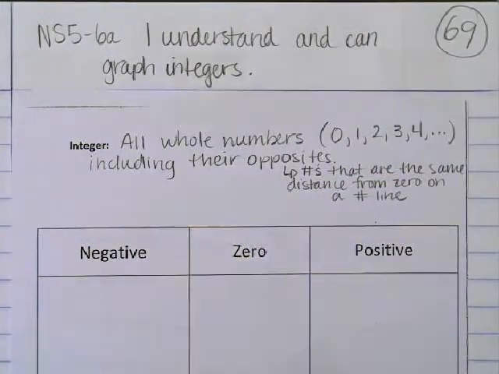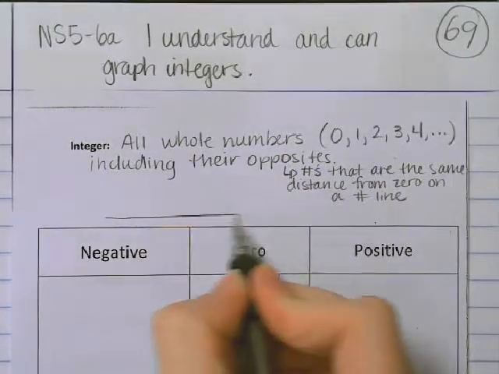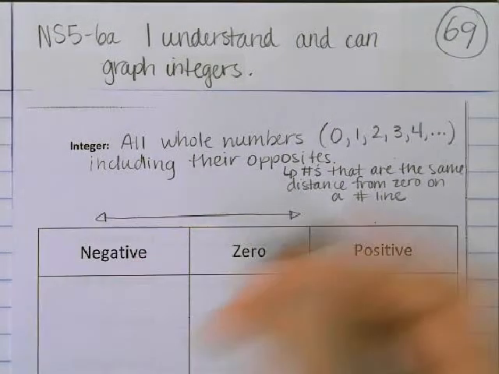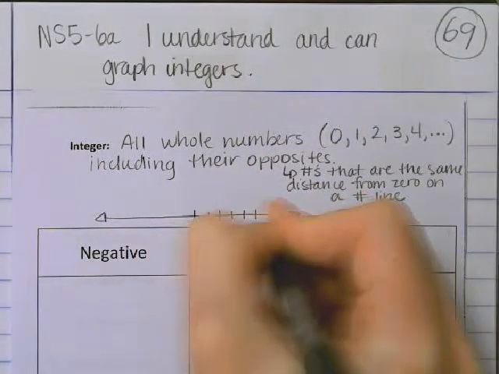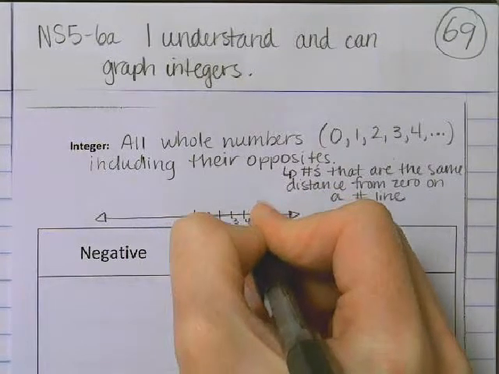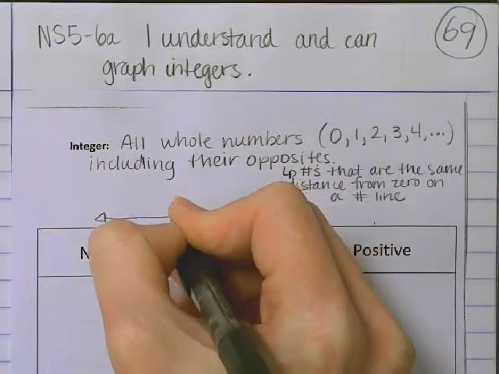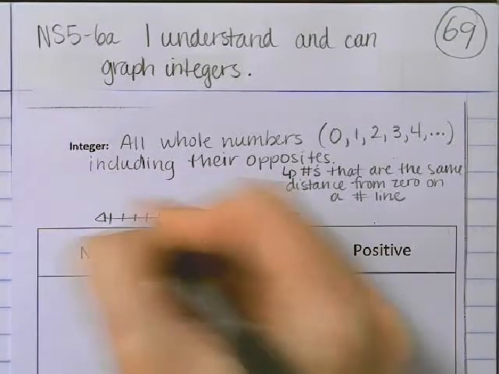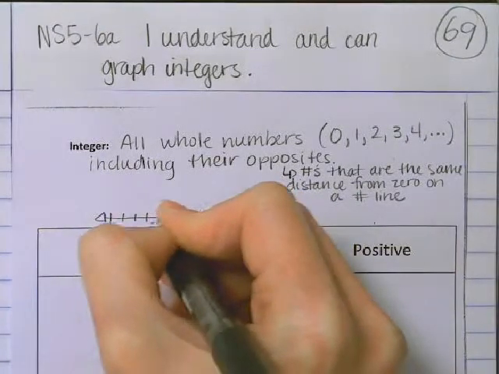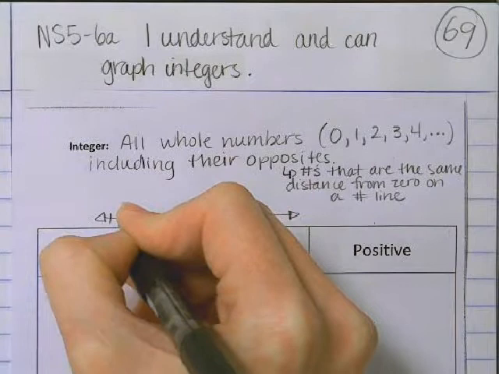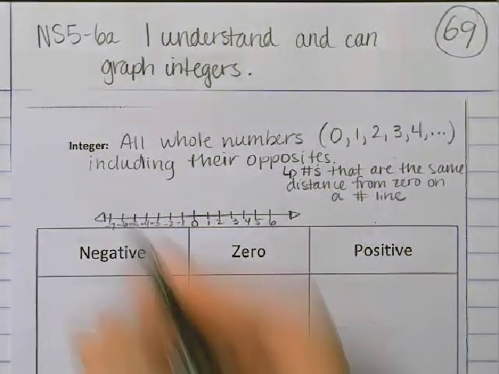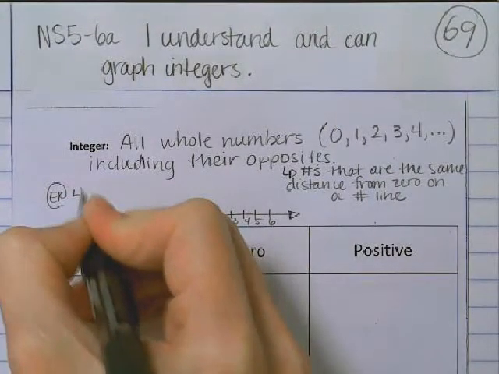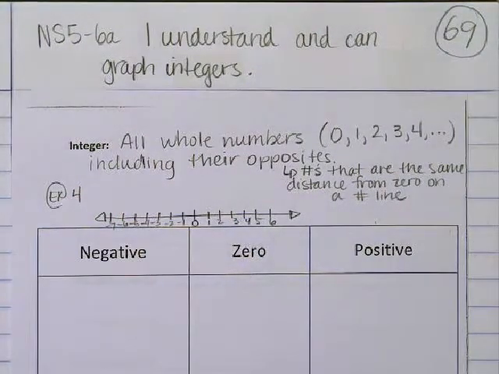So if I were going to give an example of that, I would use a number line to help me. And I'm going to have my scale count by ones. So if I had the integer 4, and this 4 could represent something like having $4.